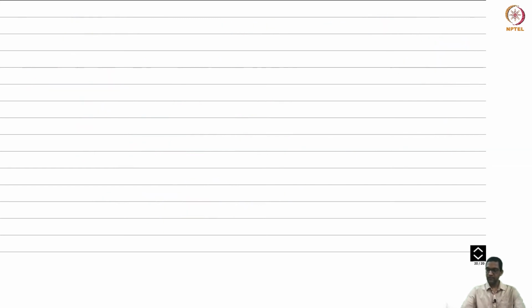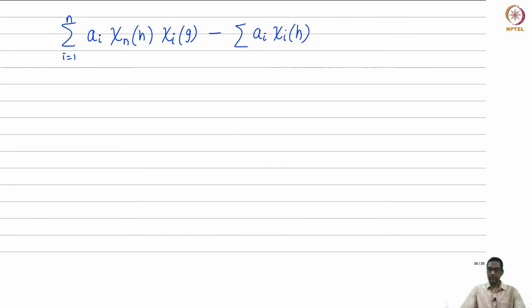So let's do that and see what we get. The summation now goes only from 1 to n minus 1, because the last term is going to get cancelled. Let's write everything out for the moment: the sum of AI chi n of H, chi I of G, which is my first equation multiplied by chi n of H, minus the summation of AI chi I of H, chi I of G, from 1 to n.